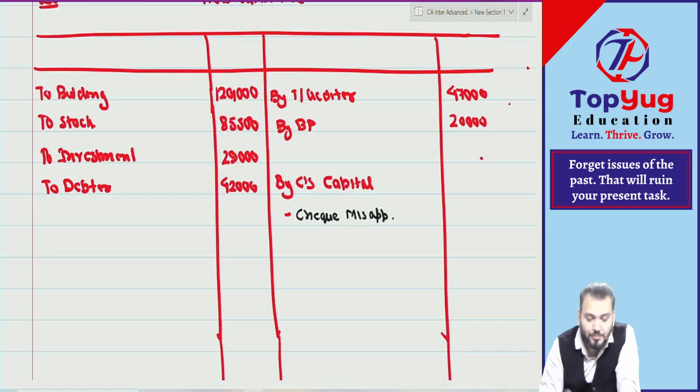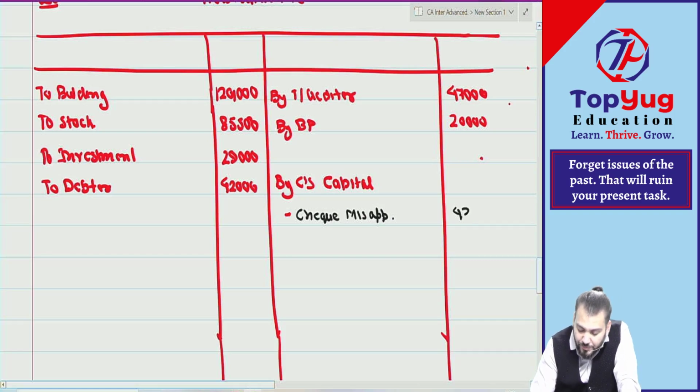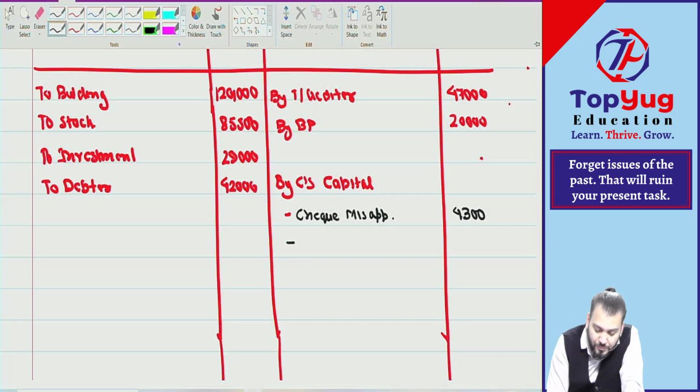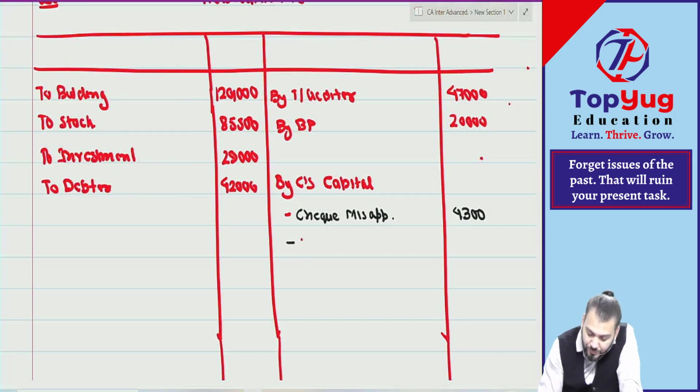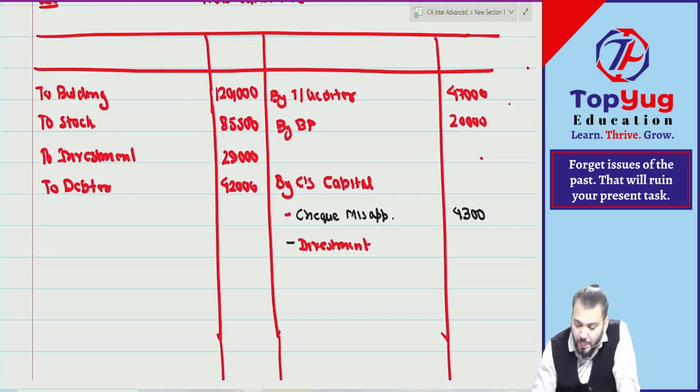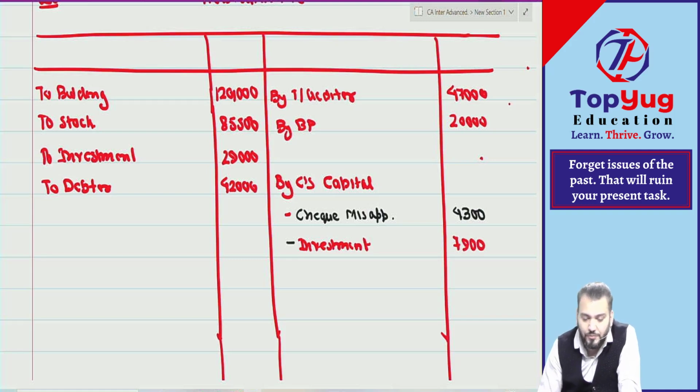How much cheque? 4,300. Understood. Then they have also taken what? Investment. At what value? 7,900. At agreed value, no? So always at agreed value. Correct.